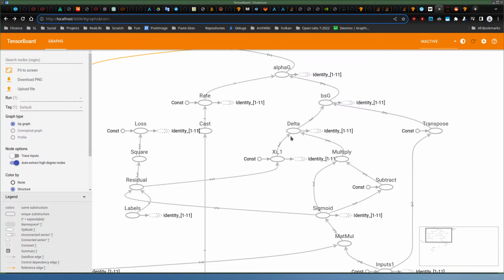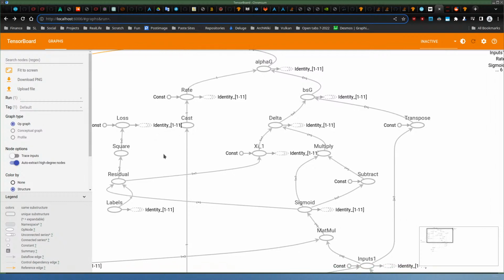Then, except of course, yeah, the loss function, I never use it. So this is just a leaf branch here of the graph that they might as well get rid of, because it's calculated because I take the identity of it, which is then being used to print it as debug output.